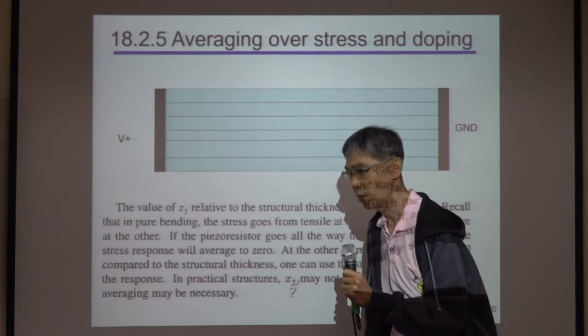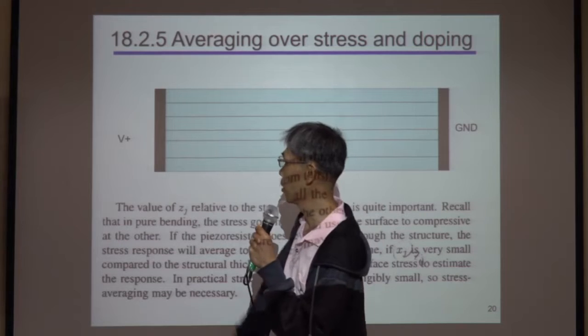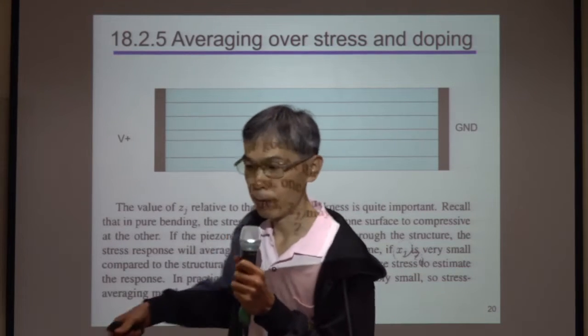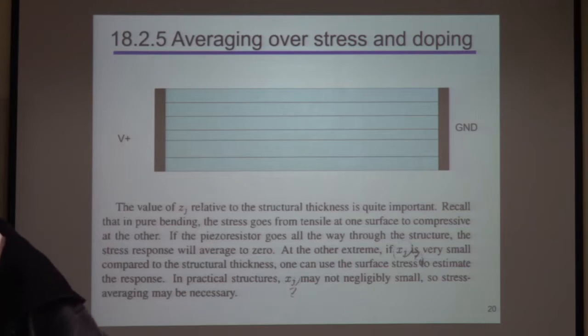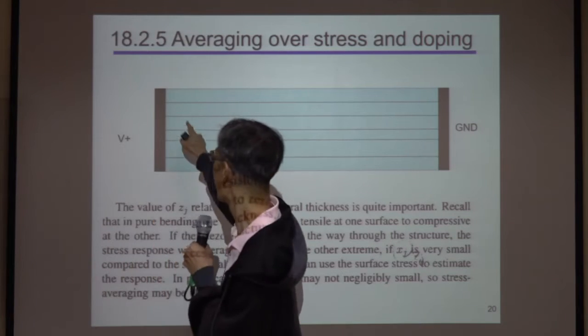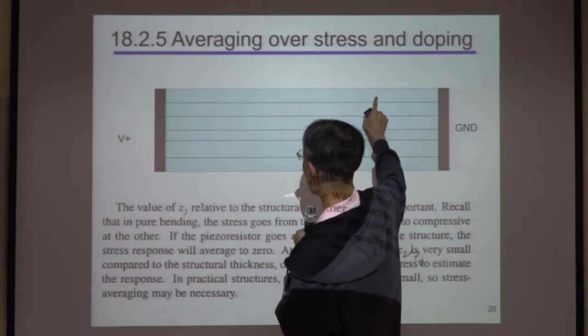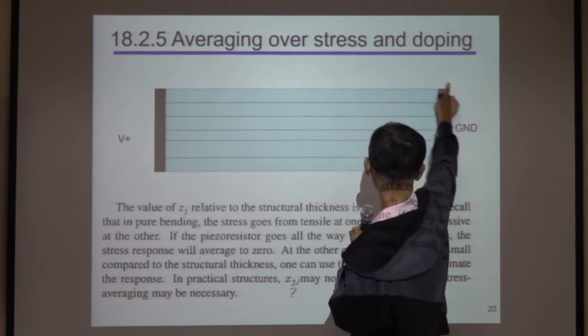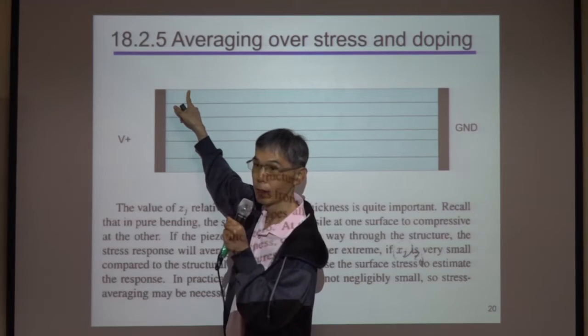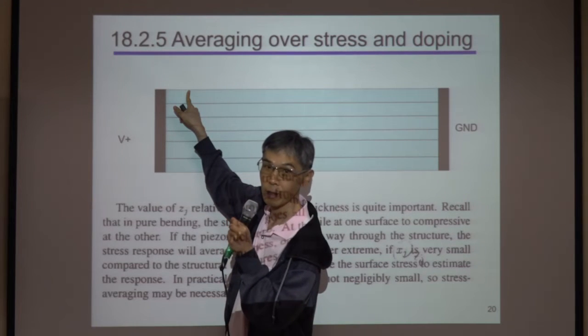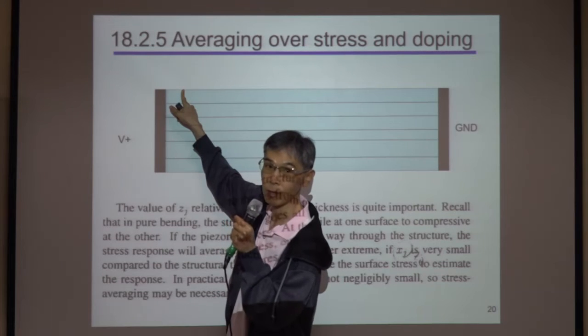Zj. Then for this example, if we bend this beam this way, will the top surface be in tension or compression?